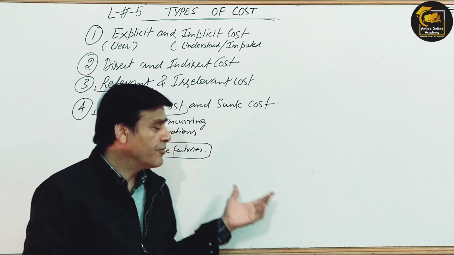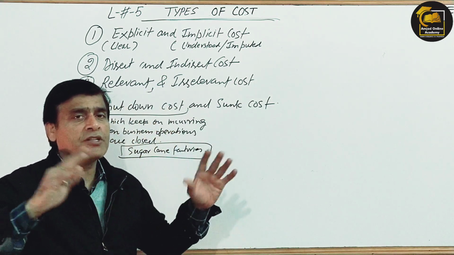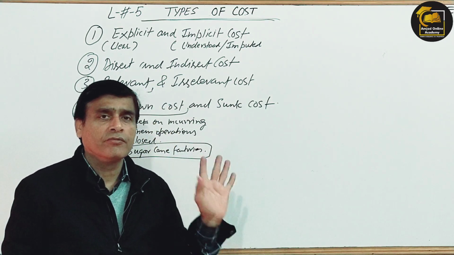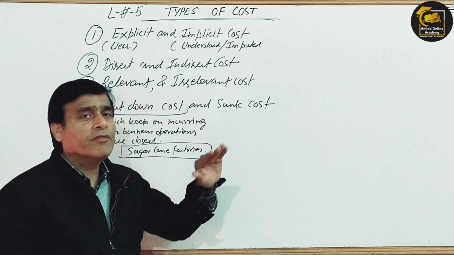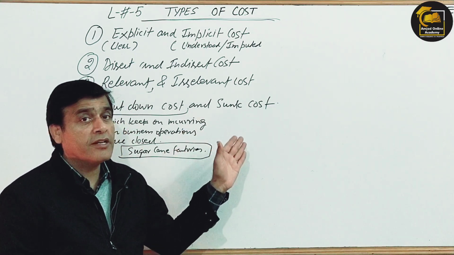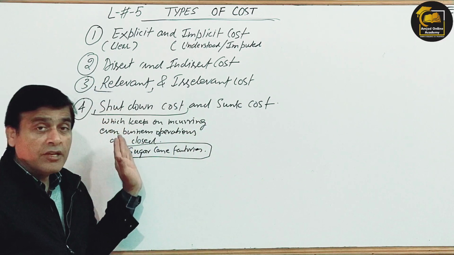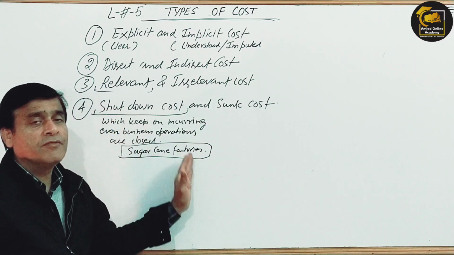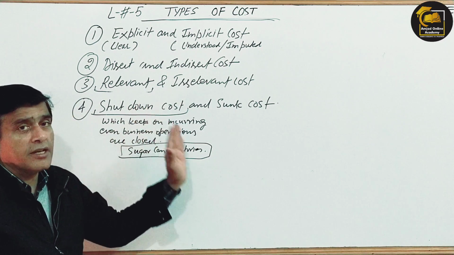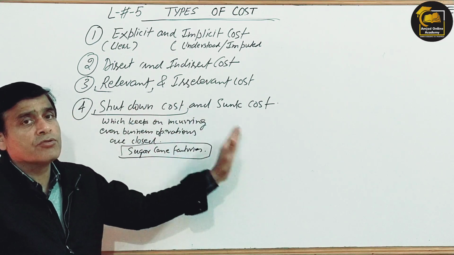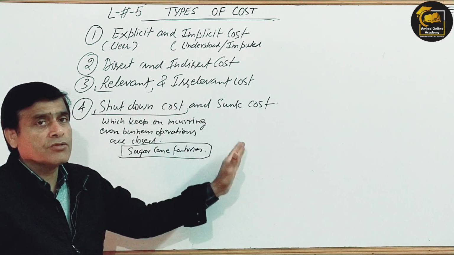So do you think that after closing down, when the business operations are completely closed, there will not be any cost which will incur in that sugar factory? There will be a lot of other costs also which will keep on incurring even though manufacturing is closed.